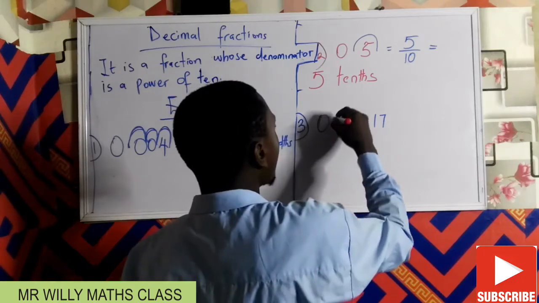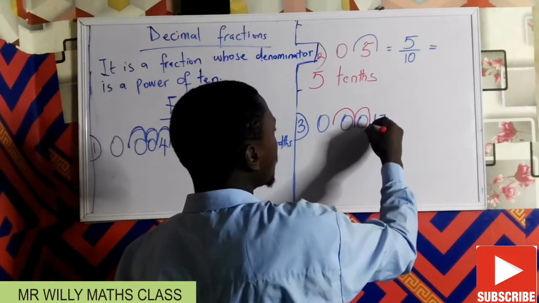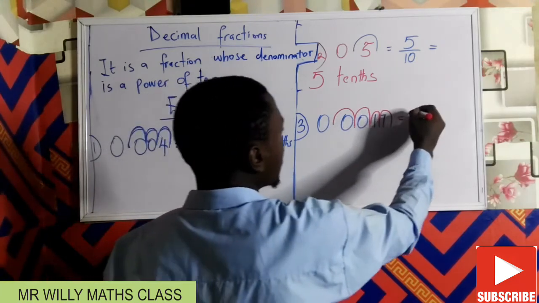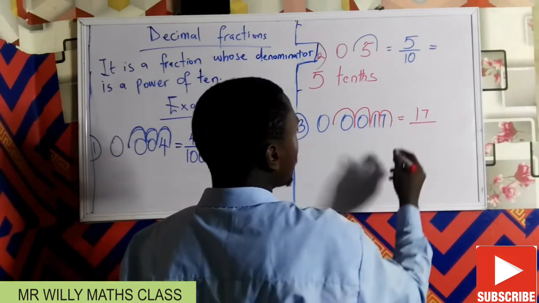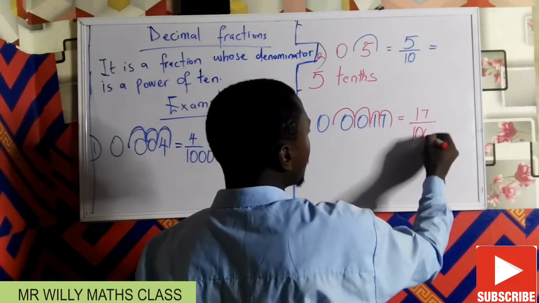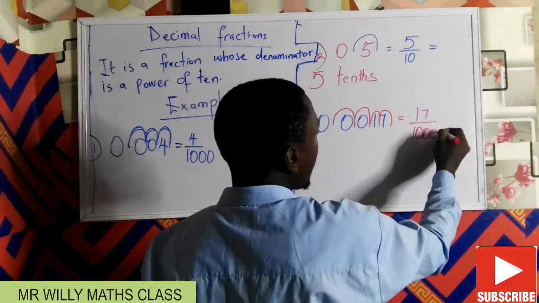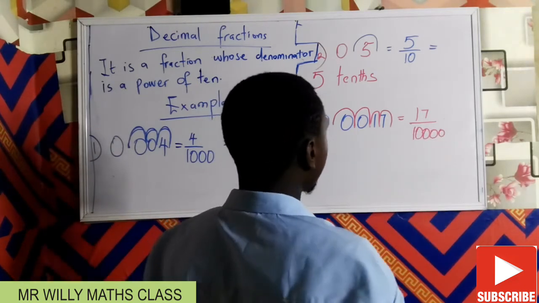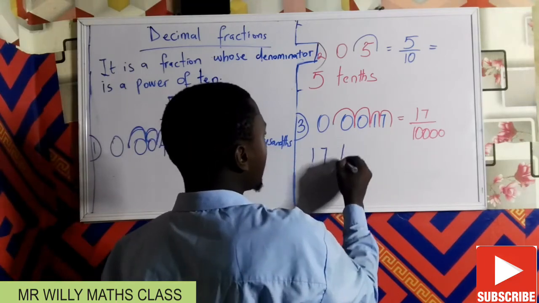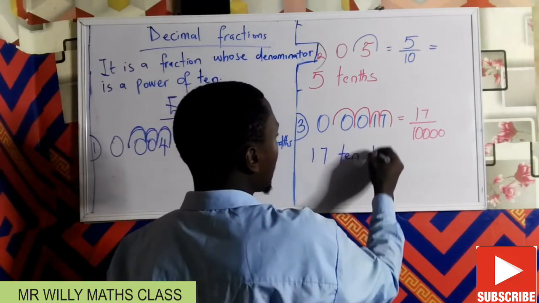This will be 1, 2, 3, 4. You have your 17 here, change it into a fraction. We counted 4 decimal places, so this should be 17 over 10,000.